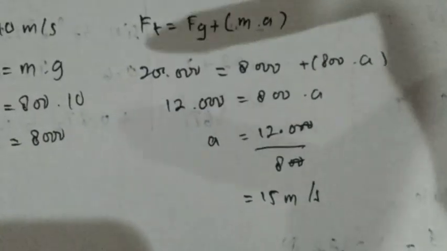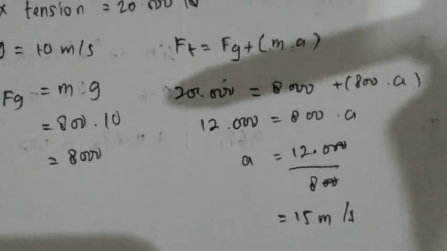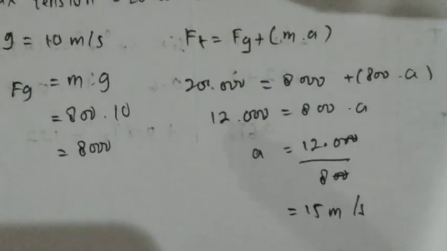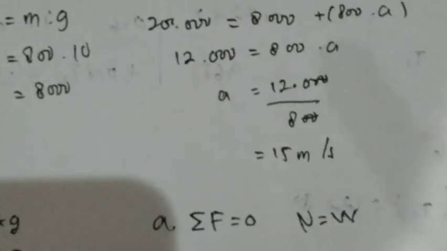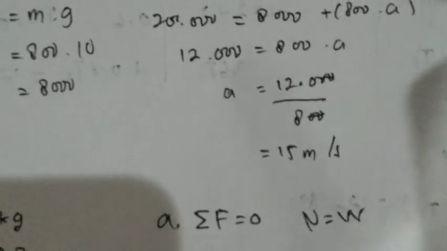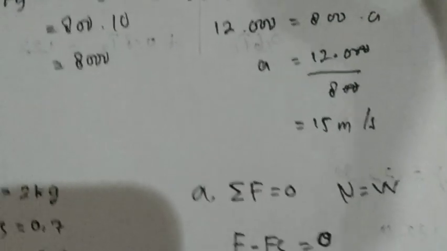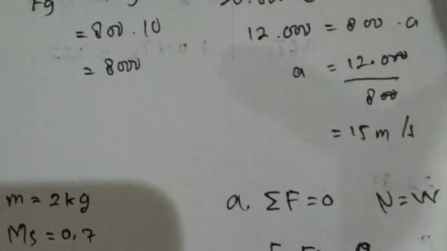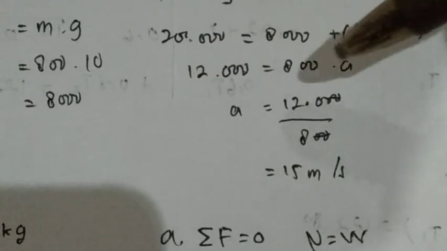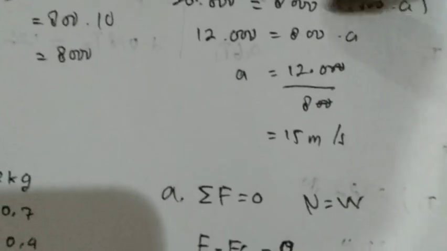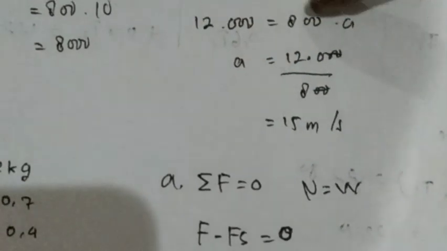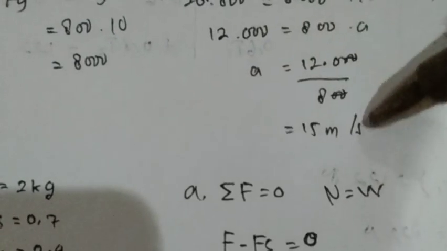And then Ft equals Fg plus M times A. 20,000 equals 8,000 plus 800 times A, and you move the 8,000 here, so it becomes 20,000 minus 8,000 equals 12,000. 12,000 equals 800 times A, move the A here and 800 here, so 12,000 divided by 800 equals 15 meters per second squared.